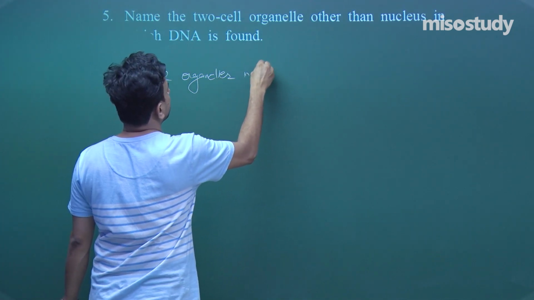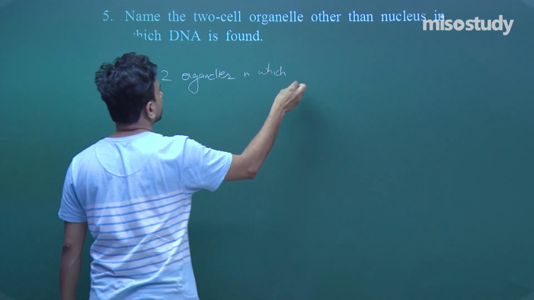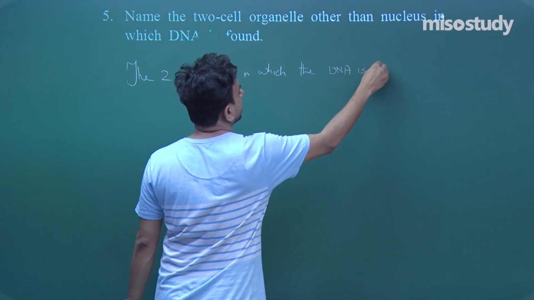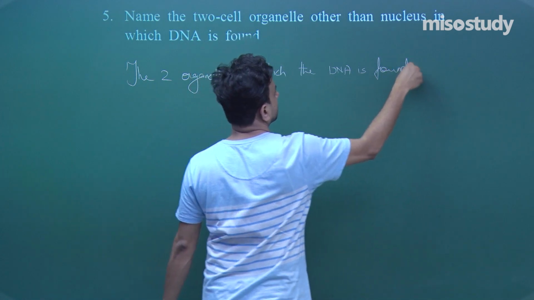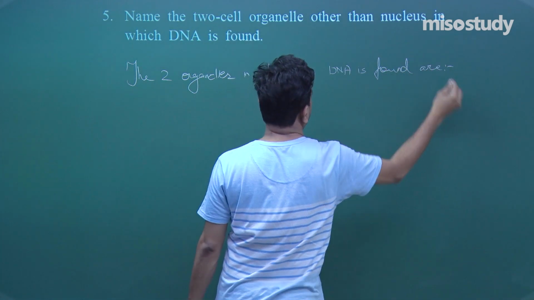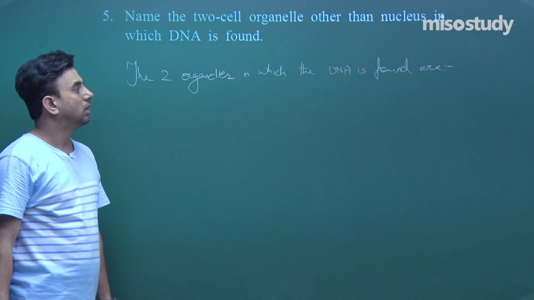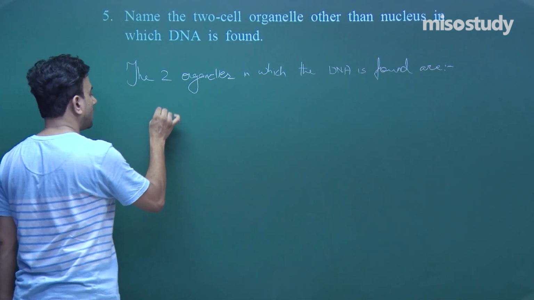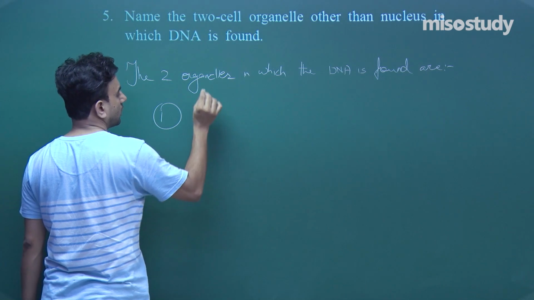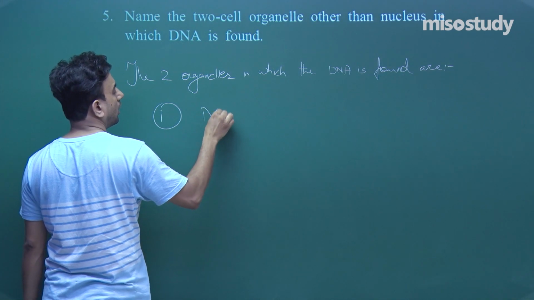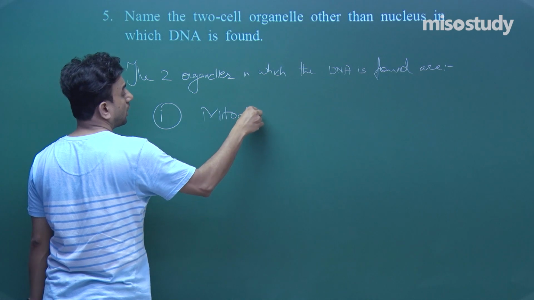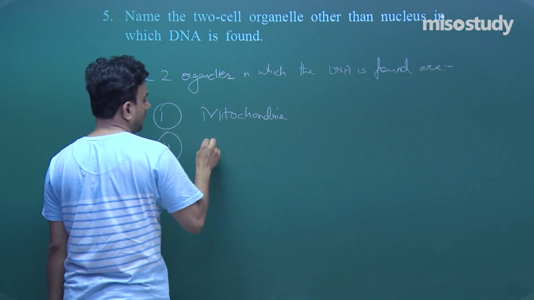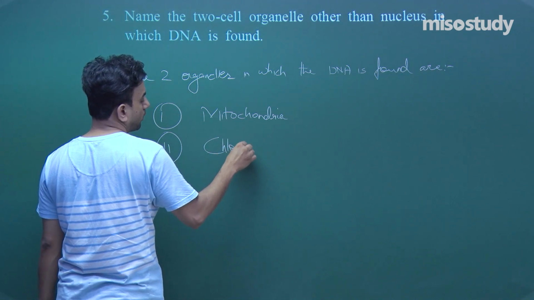The two organelles in which the DNA is found are, one, the mitochondria, and second, the chloroplast.